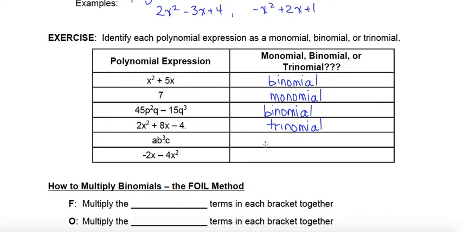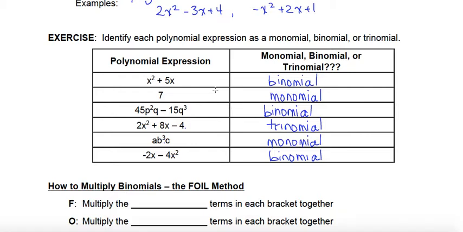This one is just 1 term, so it's a monomial. And the last one, 1, 2 terms, so it's a binomial. So you're looking for those addition or subtraction signs and thinking about how many terms there are in that expression.